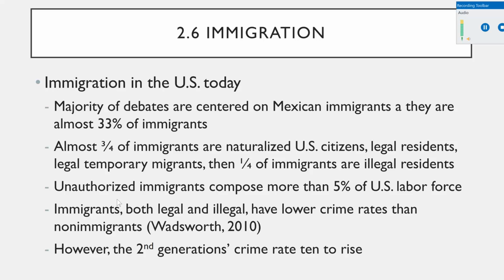So they are more likely to be motivated and have better education and lifestyle norms. However, as we may expect by common sense, the immigrant generations, or the second generations, are more likely to have higher crime rates or very similar crime rates to the non-immigrants, in the Americanized way.